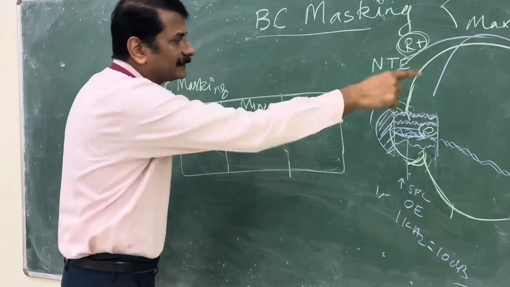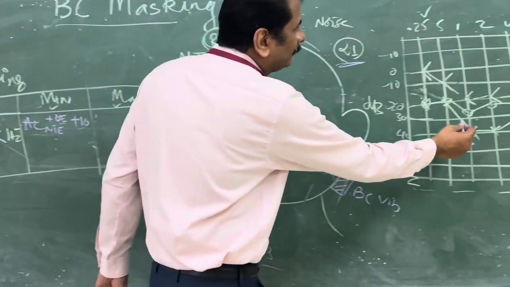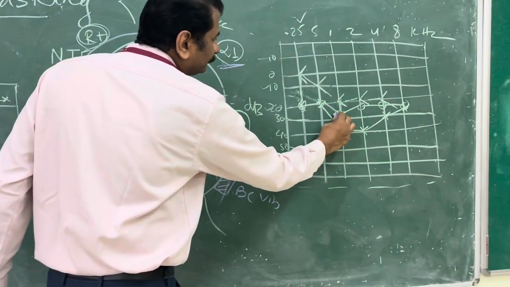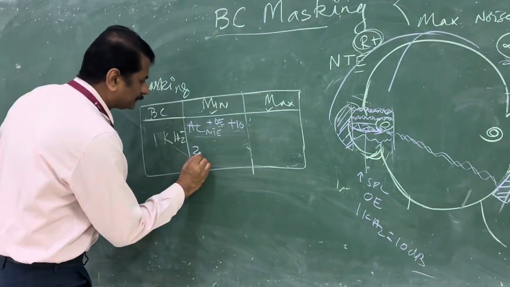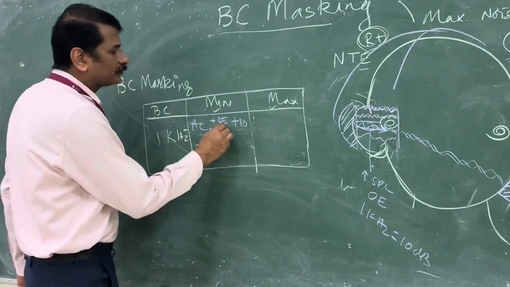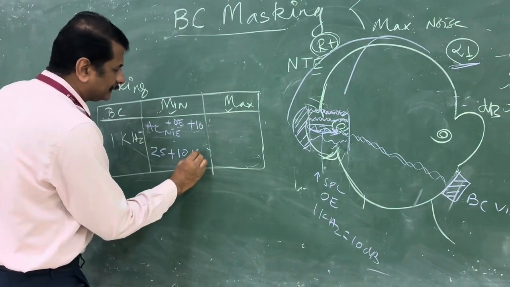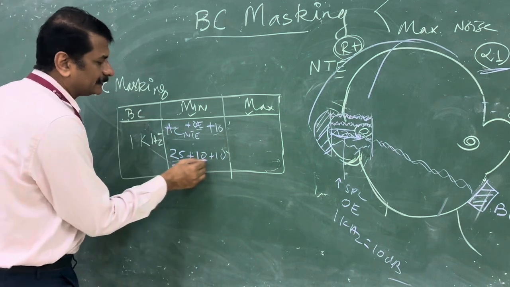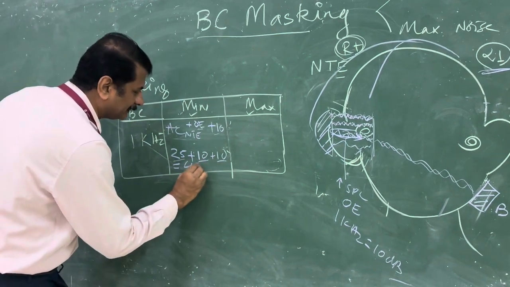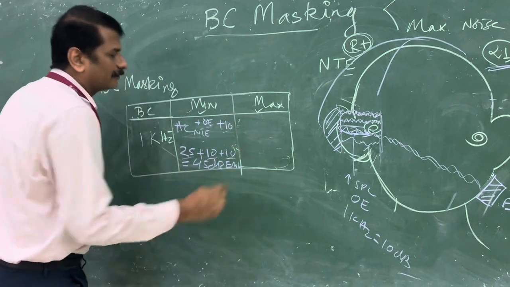In this case, what is the AC of the non-test ear for 1 kilohertz? 25 decibels. Plus the occlusion effect at 1 kilohertz is 10 decibel, plus 10 decibel. So the minimum masking noise is 25 plus 10, 35 plus 10, 45 decibel EML.